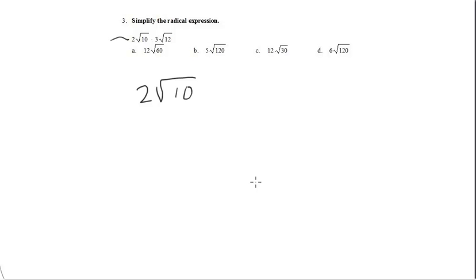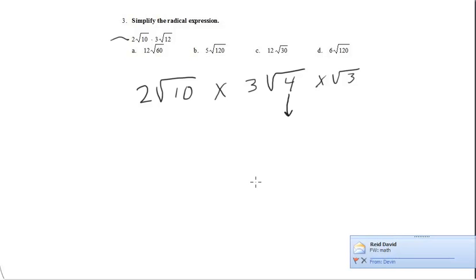I can't really do much with the square root of 10 because I could break it down to 5 times 2, but neither one of those is a perfect square. Times 3 times the square root of 12. Now the square root of 12 can be rewritten as 4 times the square root of 3. I did that because 4 is a perfect square.